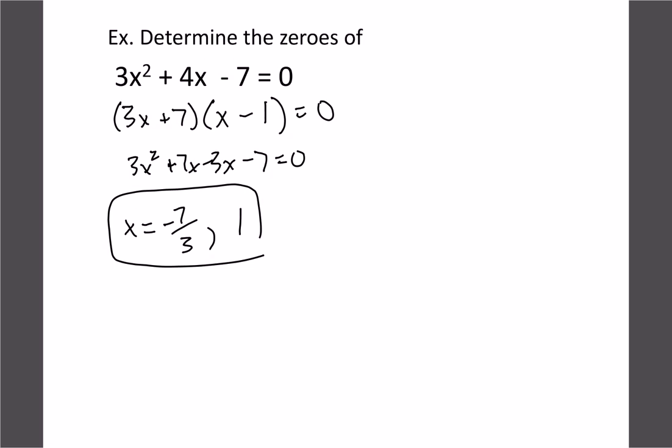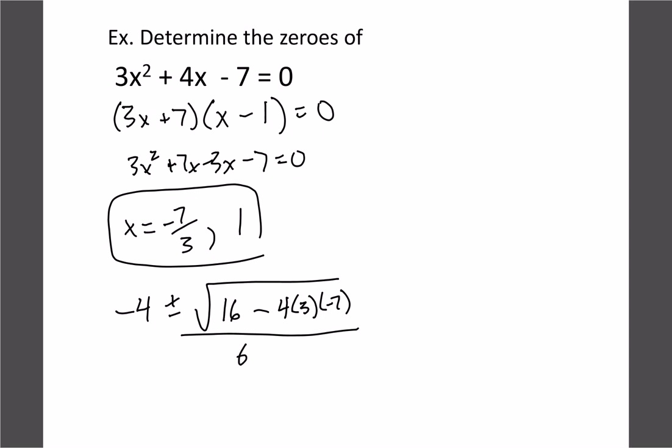So minus b, so let's try it. So we have negative 4 plus or minus the square root of b squared, which would be 16, minus 4 times 3 times negative 7, all over 2 times 3, which is 6. So if we simplify that, 4 times 3 times 7 is 84, so the two negatives cancel.